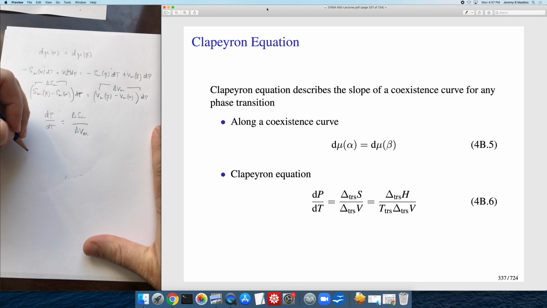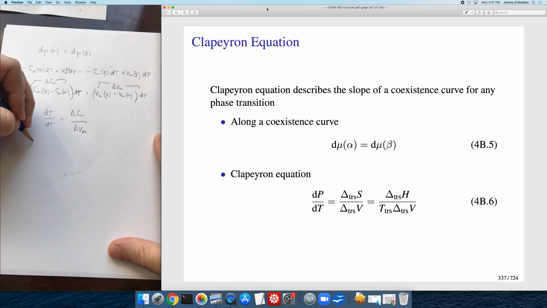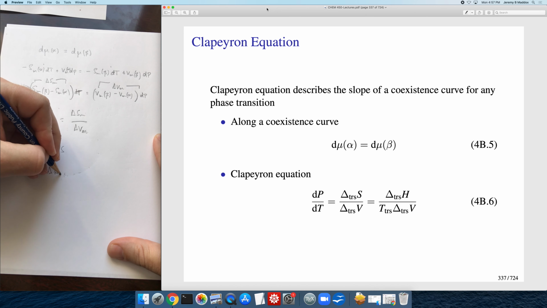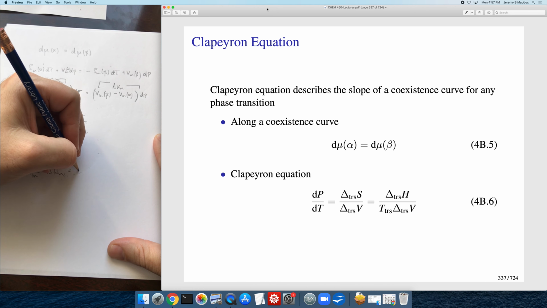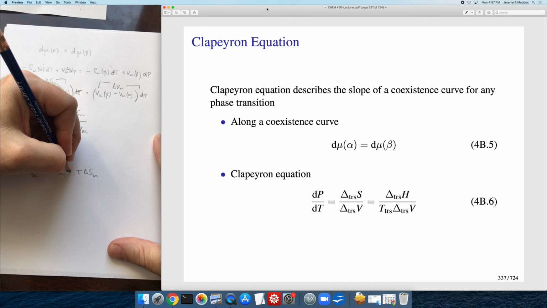Think back to our definition of the Gibbs free energy: G equals H minus TS. For isothermal and 1 mole, you can write this. That's a minus sign right there.